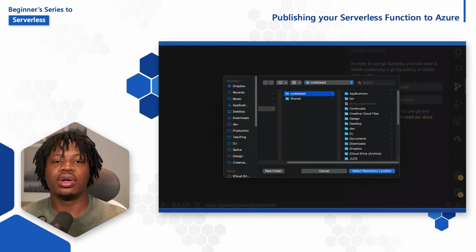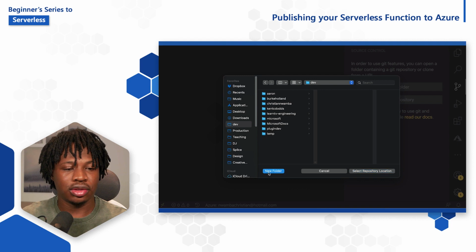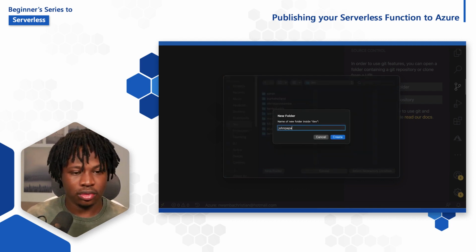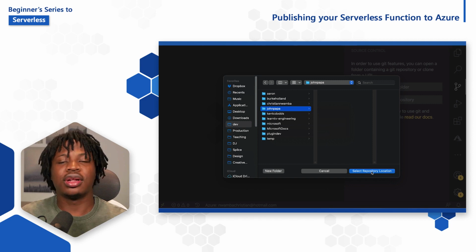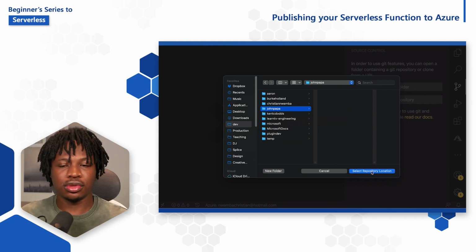Now, Visual Studio Code will ask you which folder you would like to clone this repository into. So I'm going to do that in my dev folder, create a new folder called John Papa, and then select it as the location where VS Code should clone the repo.